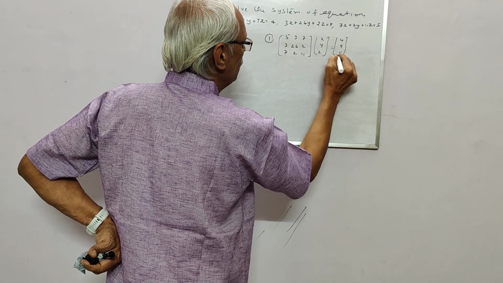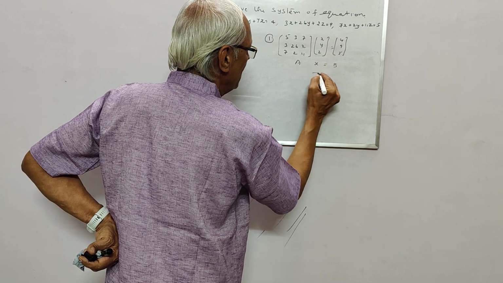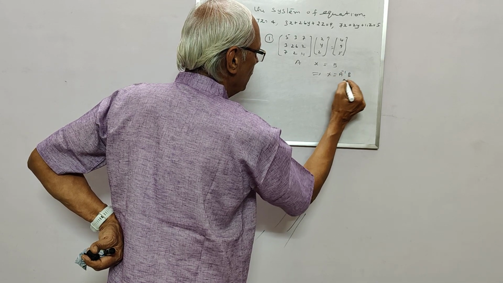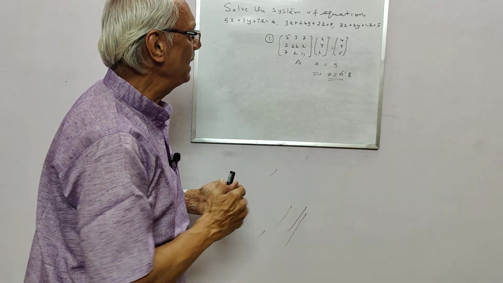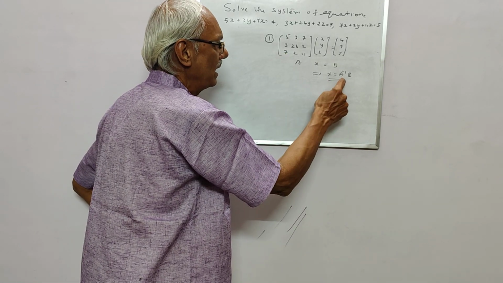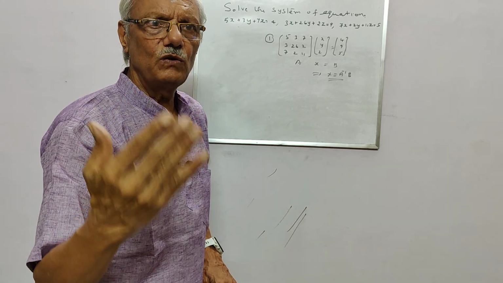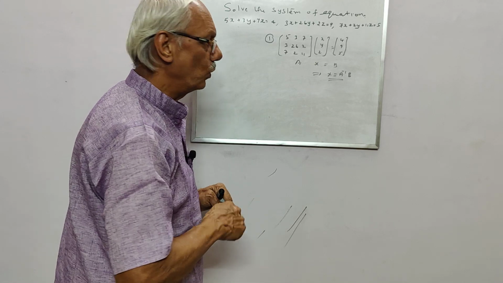So this is nothing but AX = B. This implies X = A inverse B. This is one method. That means you find the inverse of this matrix and multiply it with B, and you will get the solution for x, y, and z. This is method 1.